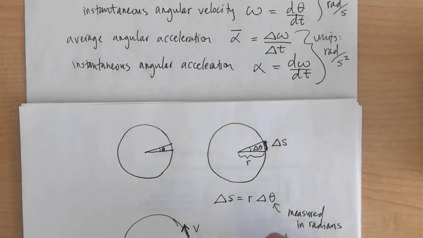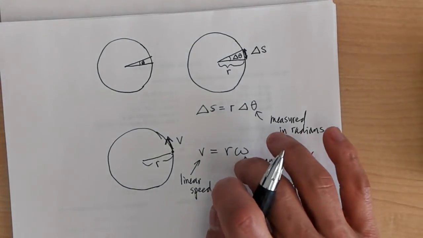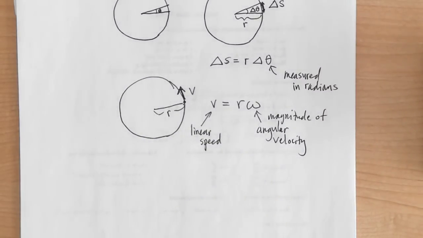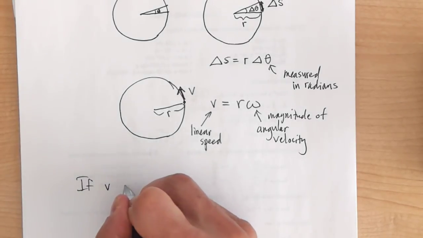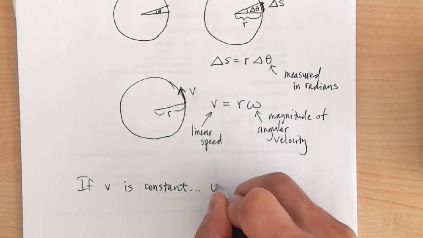If you want to be strict about it, you can say the magnitude of angular velocity. We're not worried about minus signs here. Okay, so we know that if the linear speed v is constant, we call this uniform circular motion.